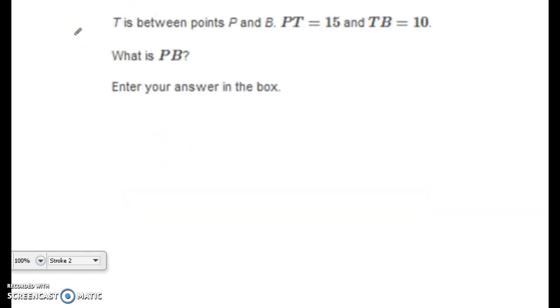All right, T is between points P and B. PT is 15, TB is 10. What is PB? I have to draw that picture, otherwise I have no idea what's going on. So we have PT, so I'm going to label P and T, and I'm going to call that 15 units.